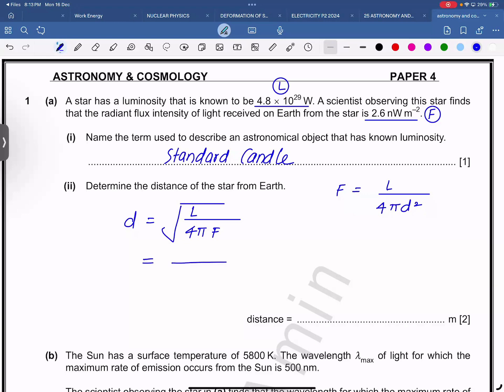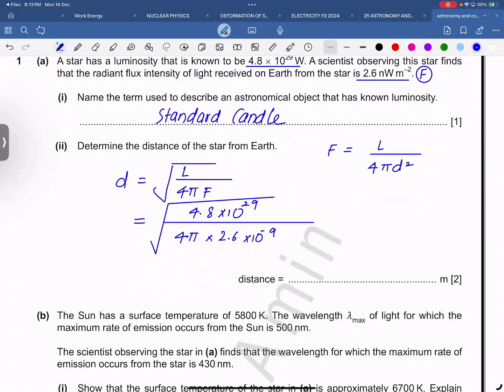L is the luminosity, 4.8 × 10^29. 4 pi F, 2.6 nano. Nano means 10 power negative 9, square root. 3.83 × 10^18 meters.